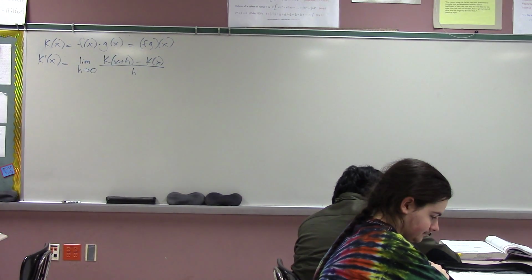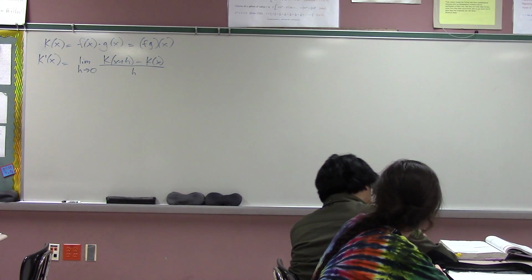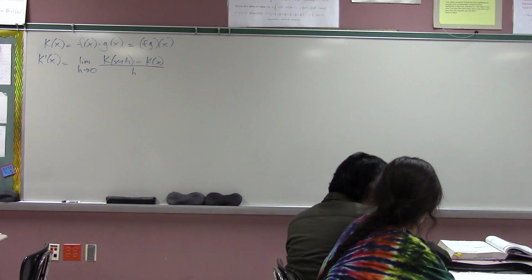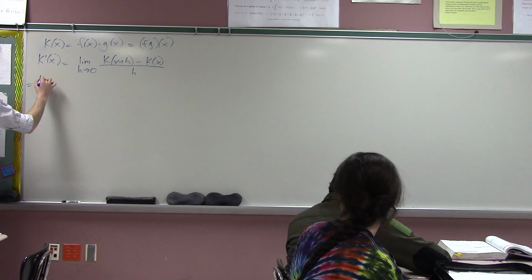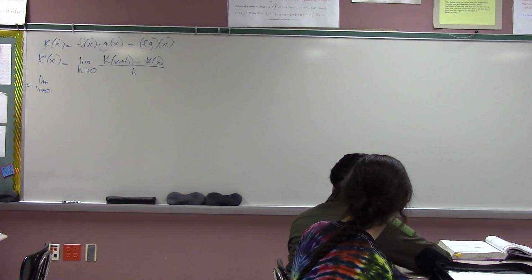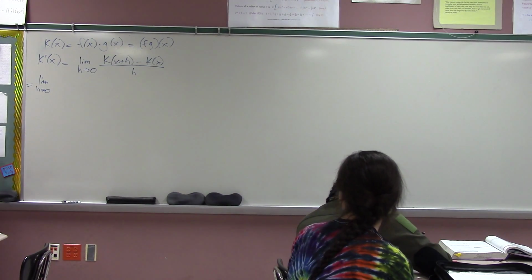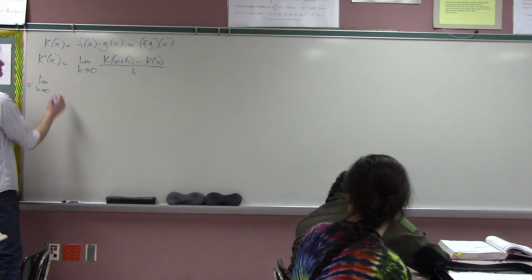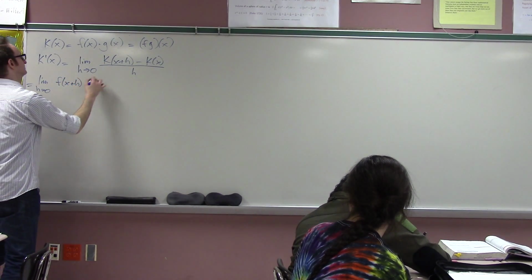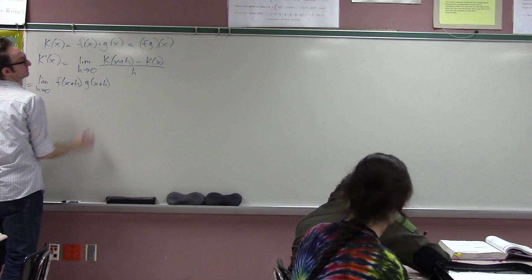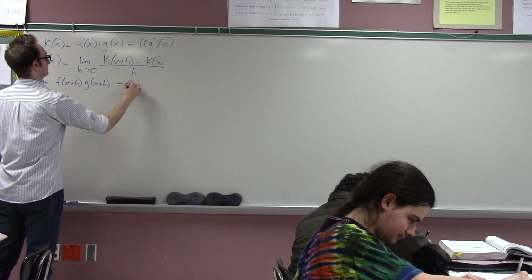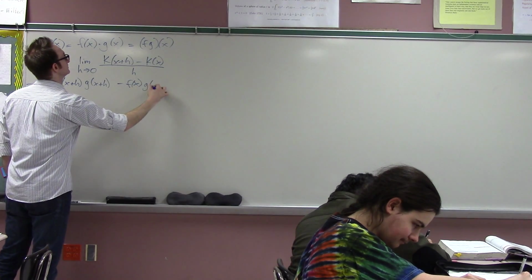Yeah, that was supposed to be the easy step, just mindlessly regurgitating the general formula for the derivative of the function k. Okay, but now what is k of x plus h? It's f of x plus h times g of x plus h, minus f of x times g of x.